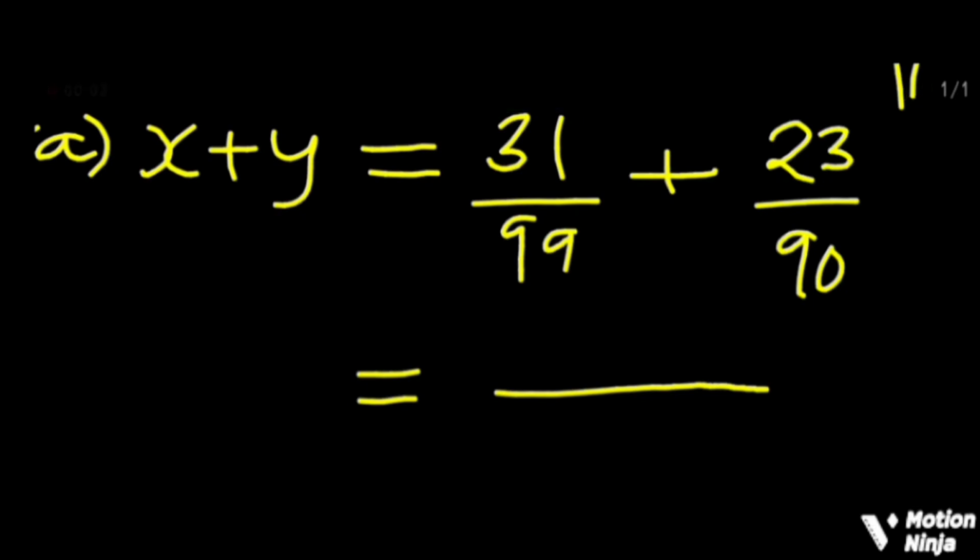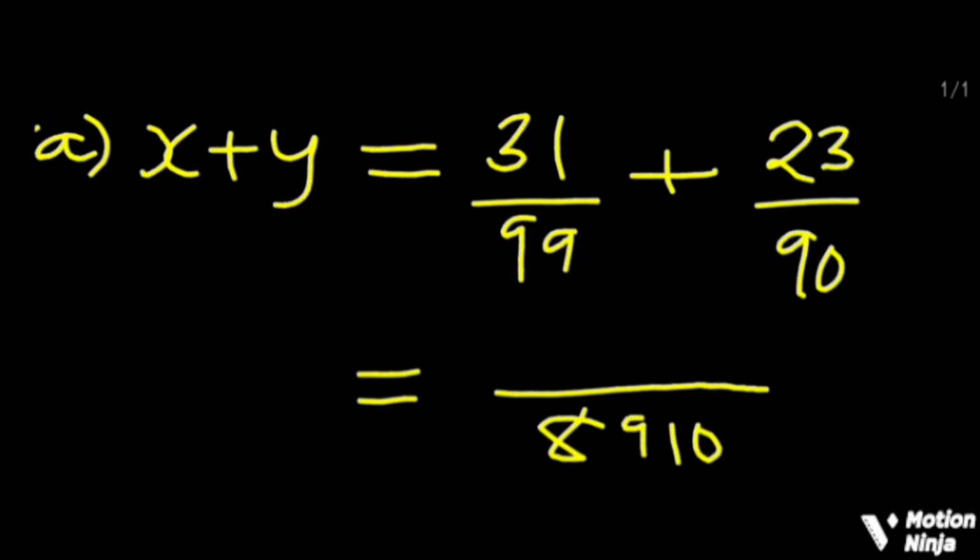So here the LCM will be, let us take the product of these two numbers so that we can make it easy. So the product will be 8,910.